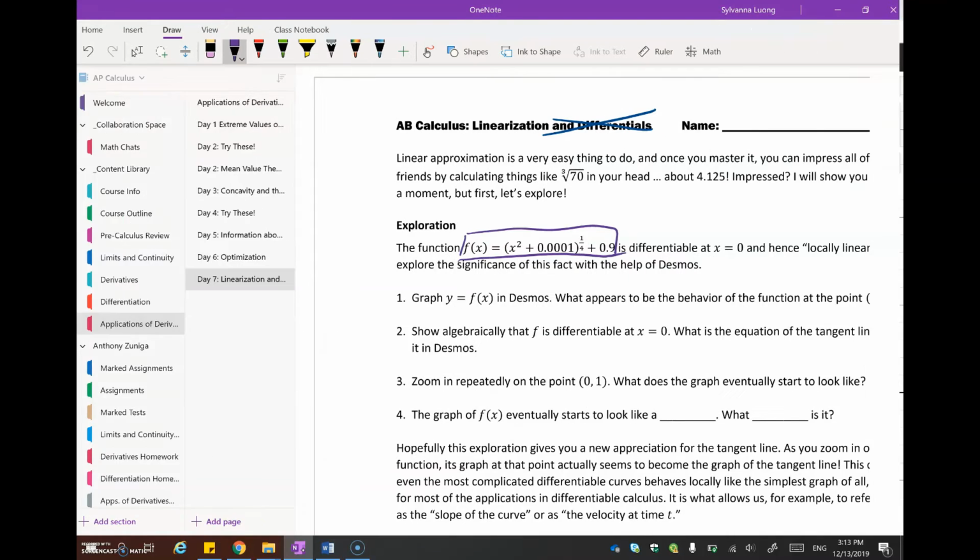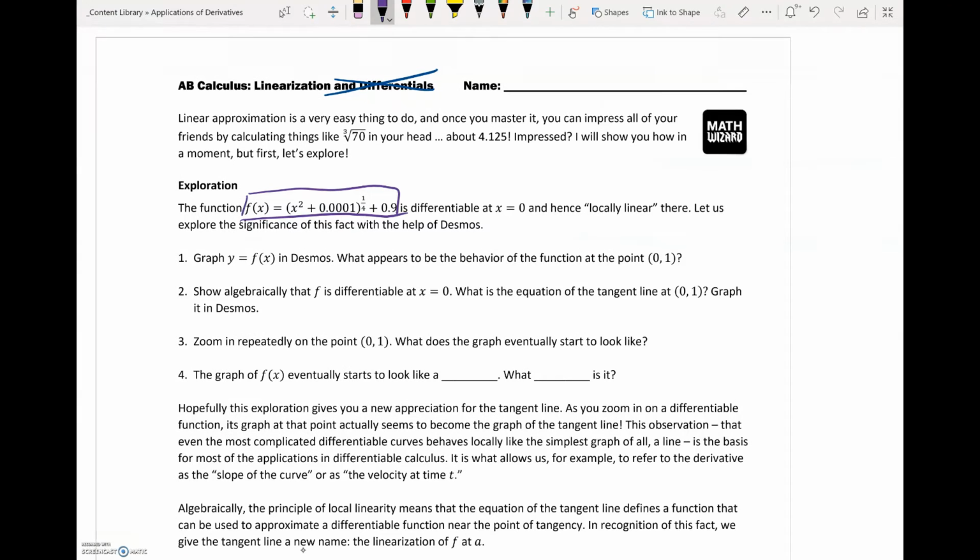Going back into our notes, the behavior of this function looks like it's going to be a cusp. If you want to show that f is differentiable, we would need to take the derivative of f. I'm going to quickly take the derivative now.